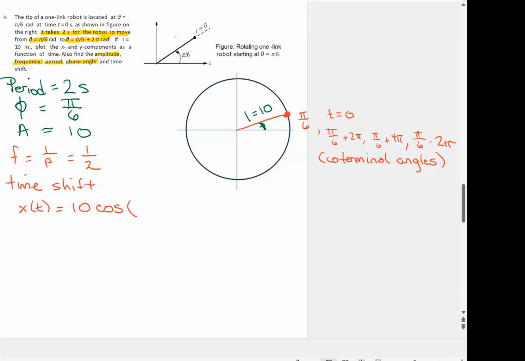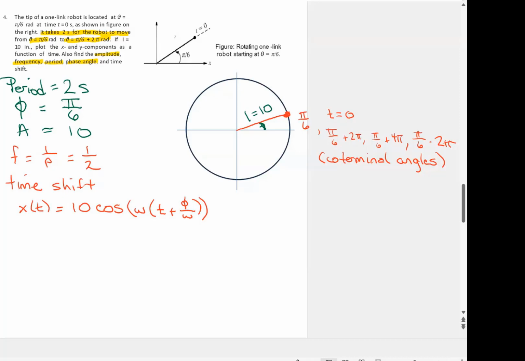We have to find omega. And then we also have to find our time shift. Remember what happens. We have omega times t plus or minus, doesn't matter. This one's going to be positive. And here we have our phi, and we're going to have to divide it by omega because we are factoring the omega out of the function.